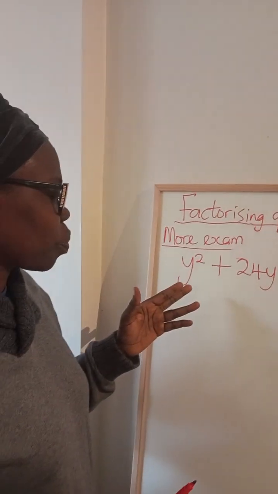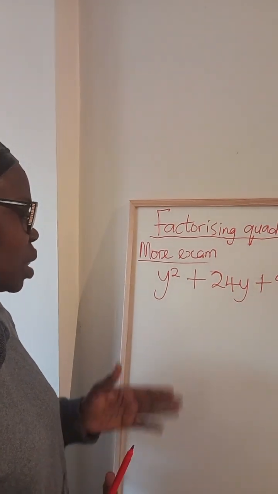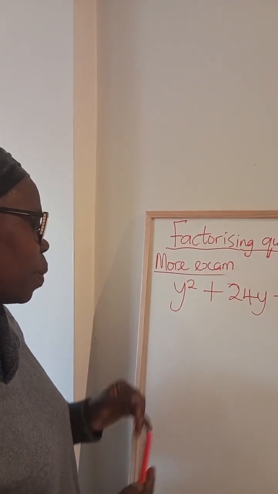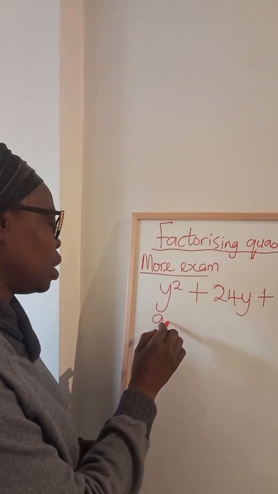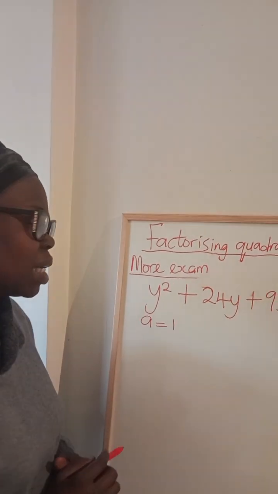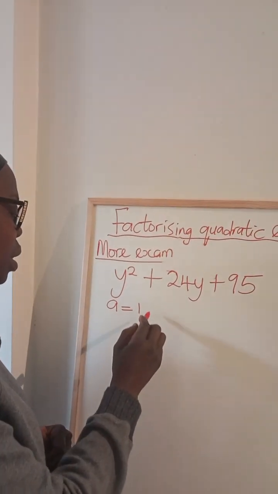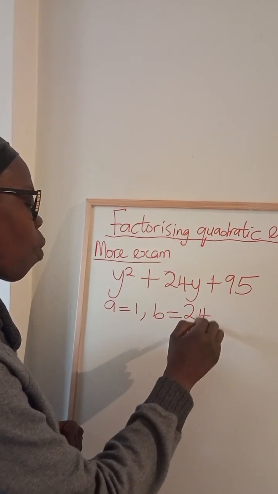y squared plus 24y plus 95. The variable here is y. The coefficient of y squared, which is a, is equal to 1. The coefficient of y, which is b, is equal to 24.